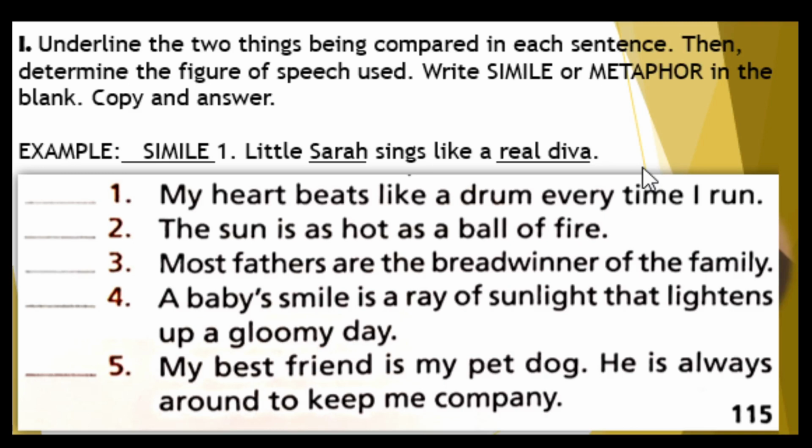You're just going to underline the things that are being compared, Sarah and real diva. Since we are using like in the sentence, this means that your answer is simile. Now it's your turn. You will be the one to answer from 1 up to 5. Just read each sentence carefully and understand.